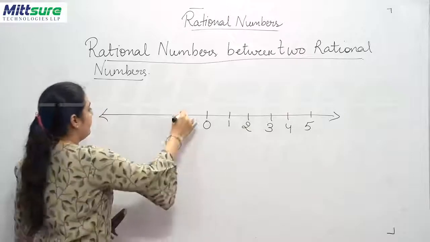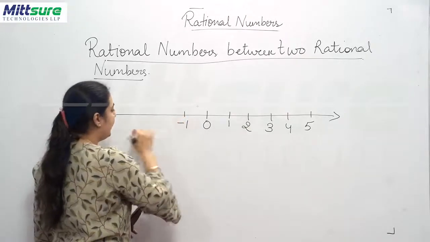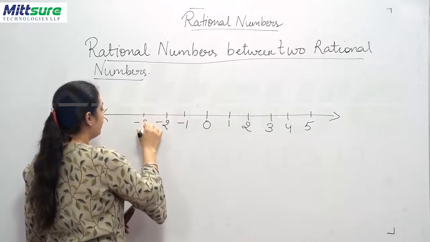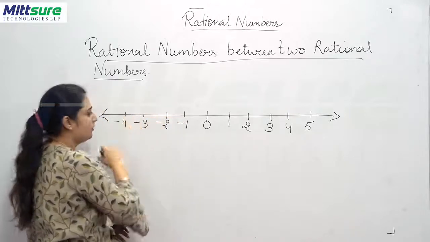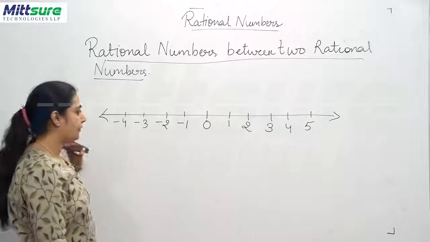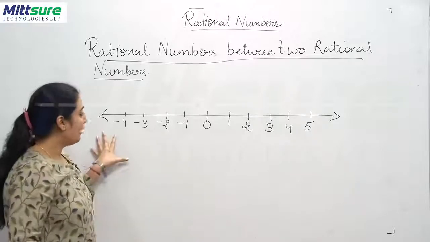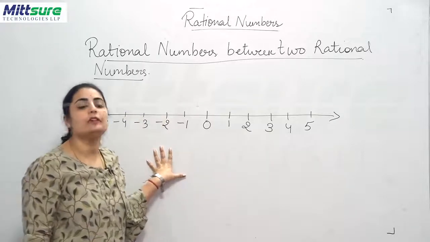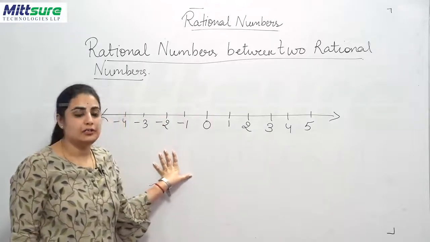Towards the left we have negative numbers -1, -2, -3, -4 and so on.